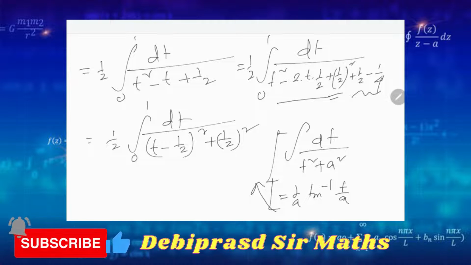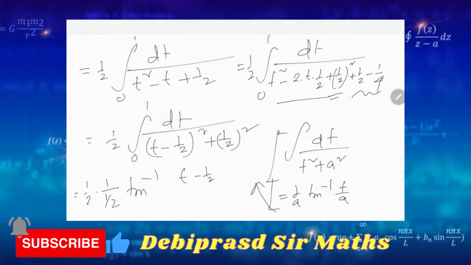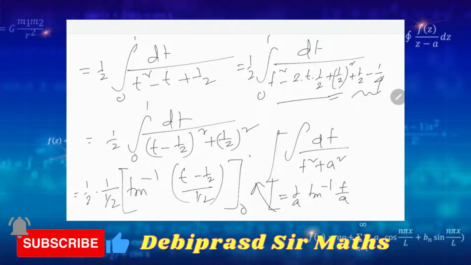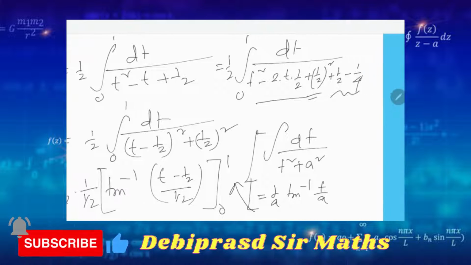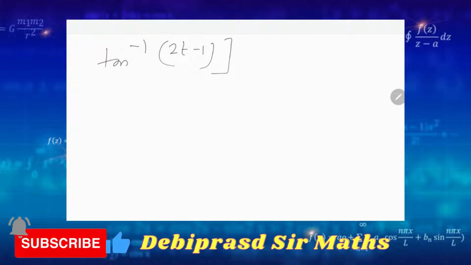So what will I write? 1 by 2, into 1 by (1 by 2) tan inverse of (t minus 1 by 2) by (1 by 2), whole from 0 to 1. If I put the values, we will get tan inverse (2t minus 1) from 0 to 1.